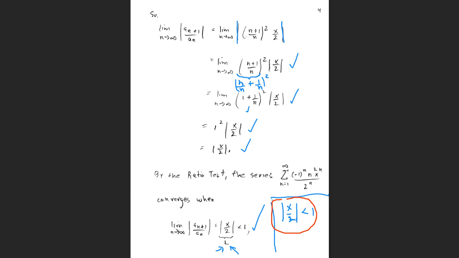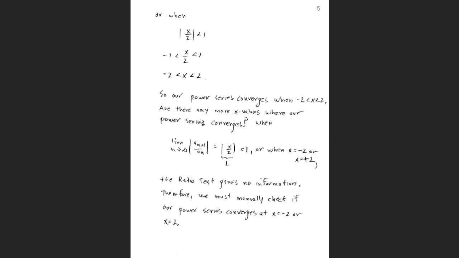So okay, let me get back to the solution here. Okay, so we want to solve the absolute value of x over 2 is less than 1. And here we say that, well, if the absolute value of x over 2 is less than 1, then x over 2 is greater than -1 and less than 1.